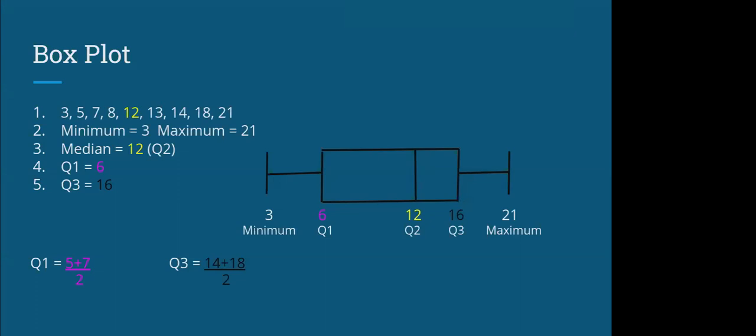So the placement of your quartile markers makes a difference. If we moved the median down here to 6, that wouldn't make sense, because the difference between 6 and 12 is 6, but the difference between 12 and 16 is 4. So your median should be closer to the middle of the high end than to the middle of the low end.